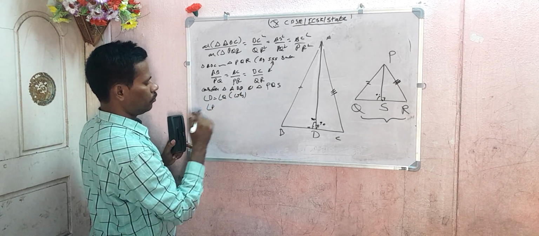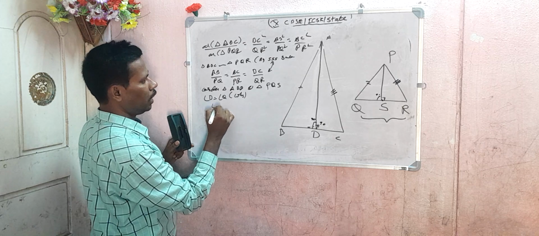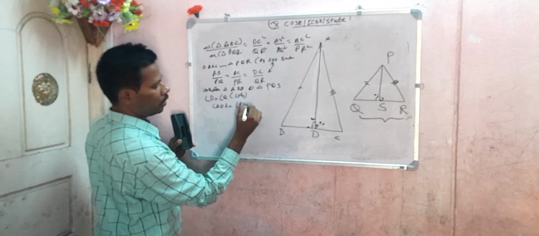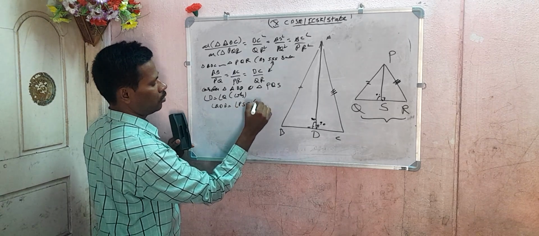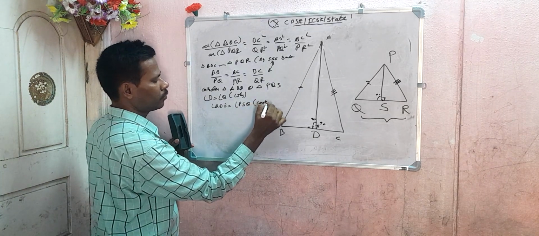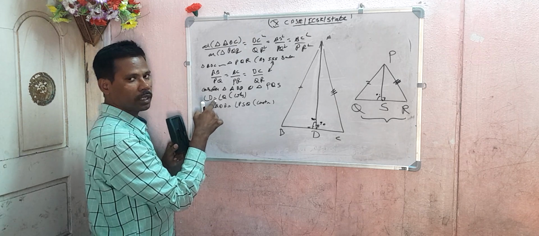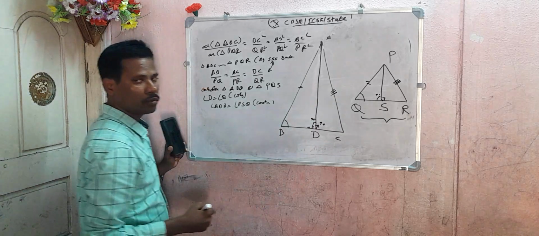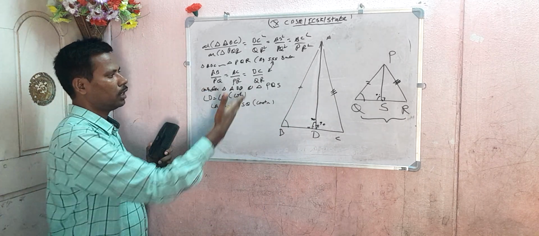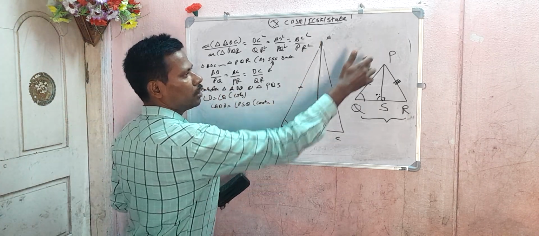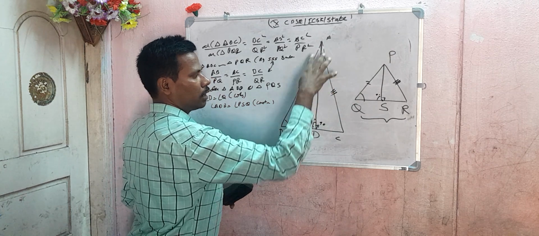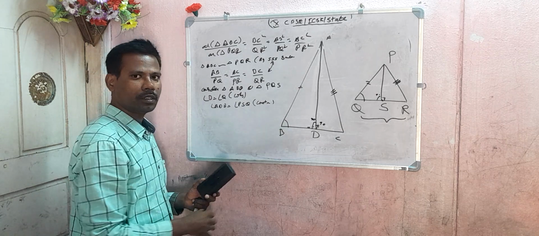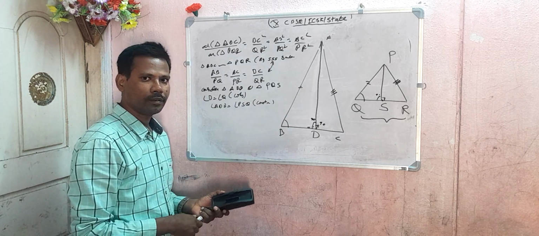Angle ADB is equal to angle PSQ, this by construction. Now I am asking why angle B is equal to angle Q. Can anyone say why? Simple, because already they said that triangle ABC and triangle PQR are similar triangles. Similar triangles means the angles should coincide, right?